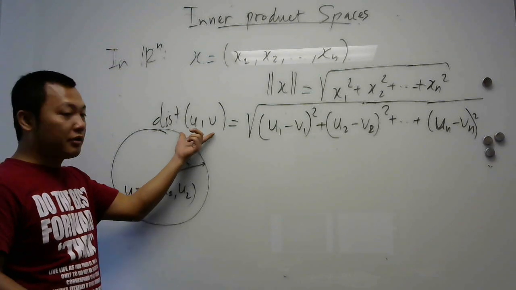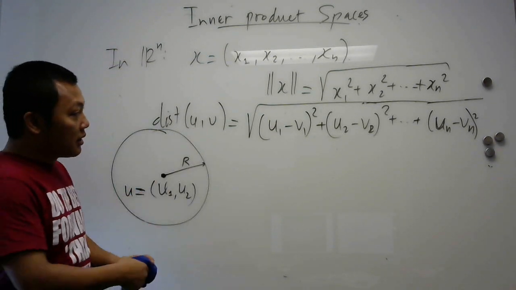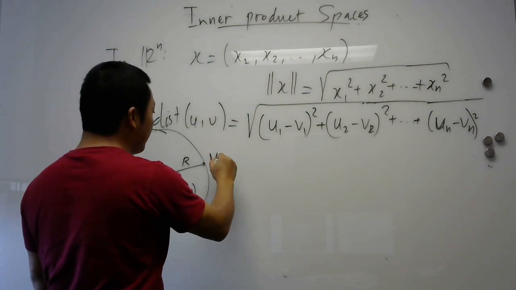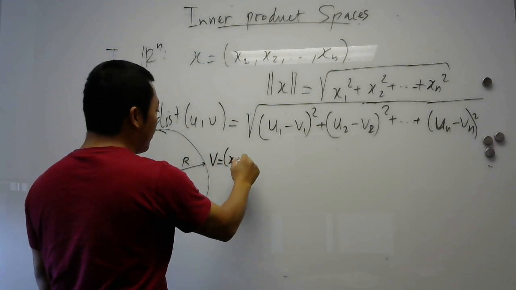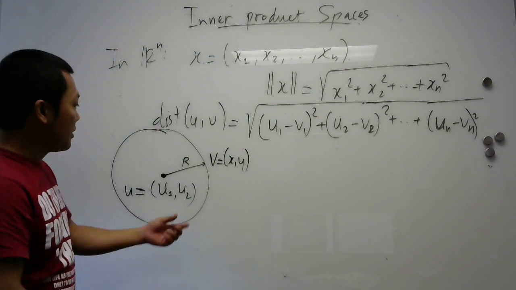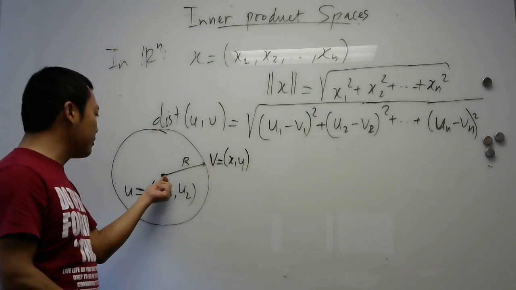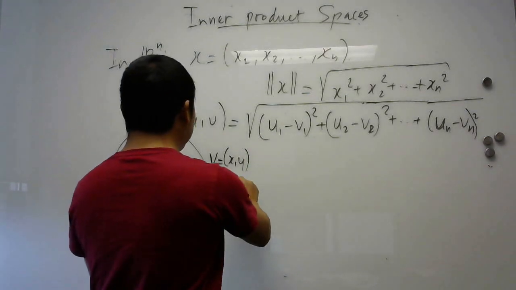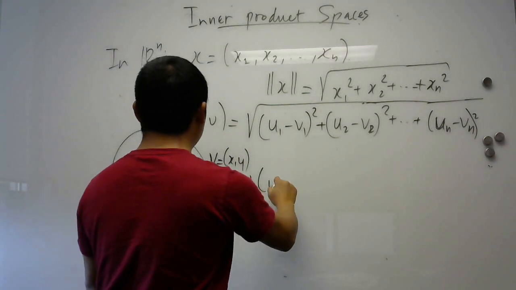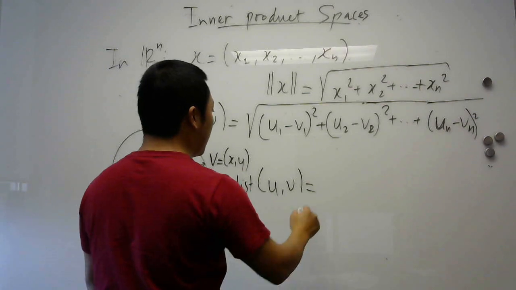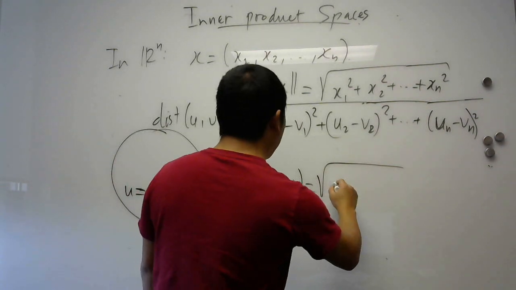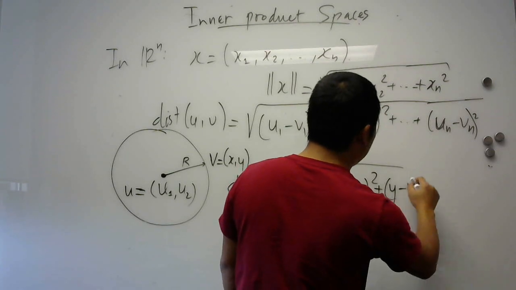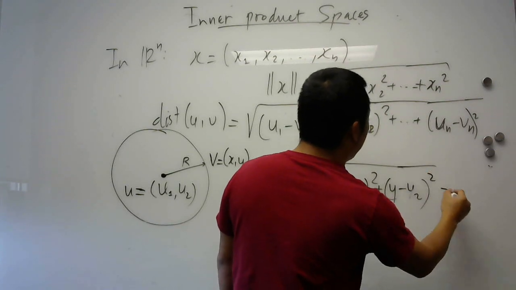So I will use the distance formula. I need to describe all v, which is x and y, such that the distance from v to u is constant and equal to r. Using this formula, the distance from u to v is equal to the square root of x minus u1 squared plus y minus u2 squared.